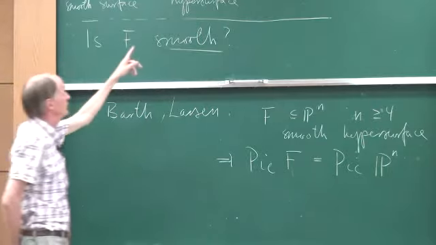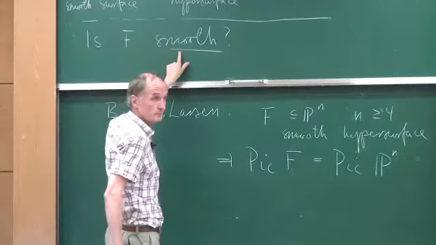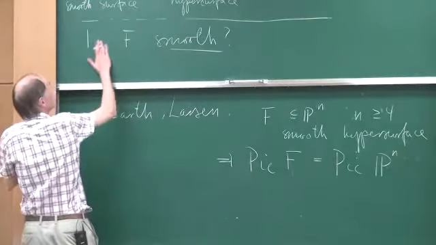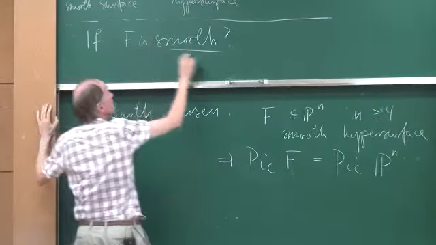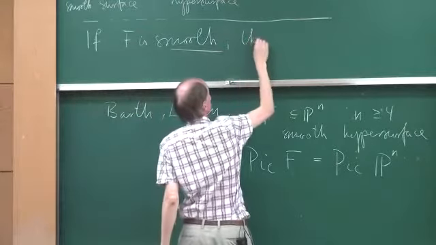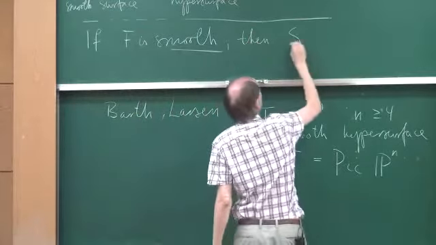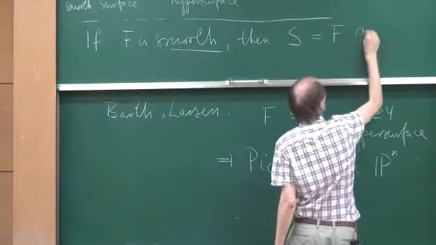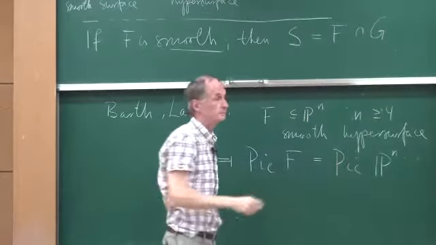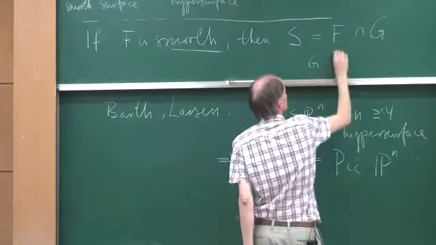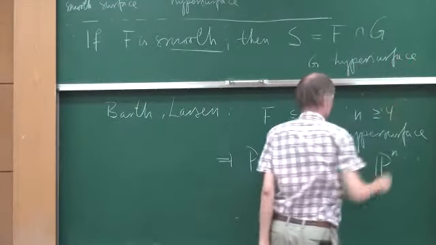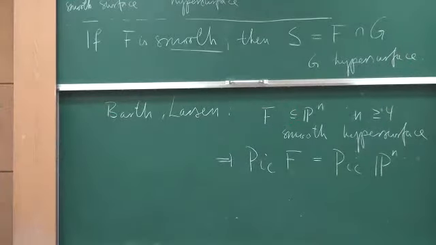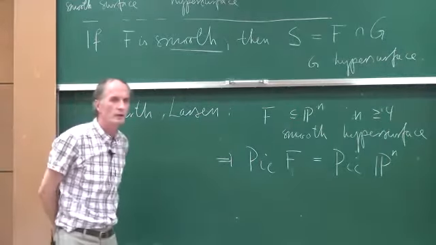So let's go back to the surface here. If F is smooth, then S is equal to F intersected with some other hypersurface G. So this is rather important in terms of intuition.